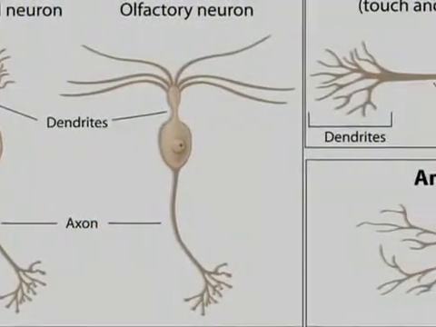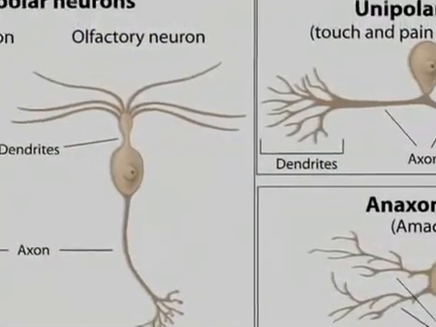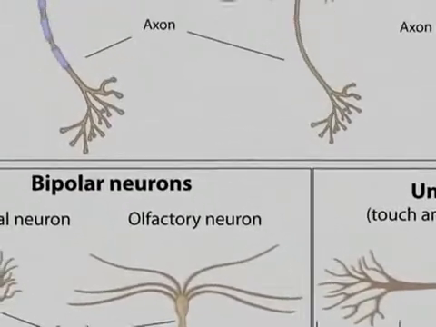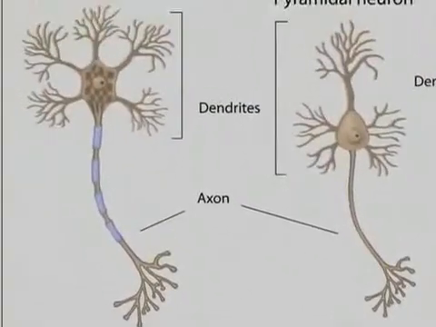Like we discussed with the nerves, there are different types of neurons available, mainly based on the location and direction in which the neuron conducts impulses. There are mainly 3 types of neurons. The first one is the sensory neuron.